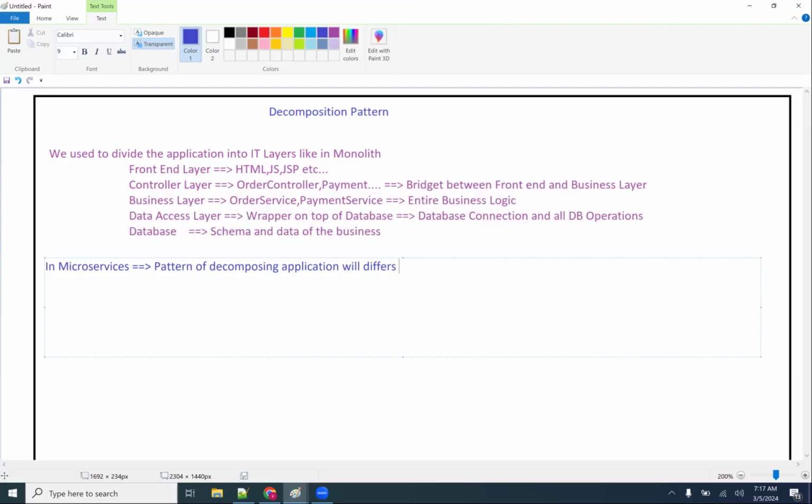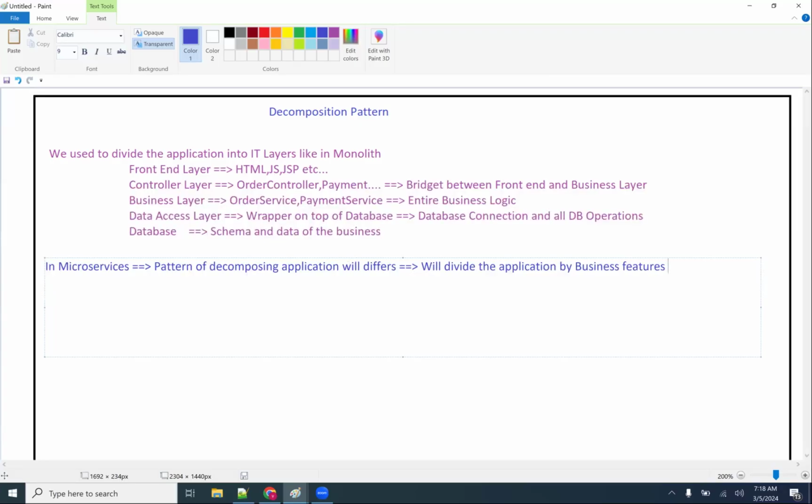What exactly is different here? We are not dividing the application by IT layers. We will not use any IT layer or technology layer. We will divide the application by business features.